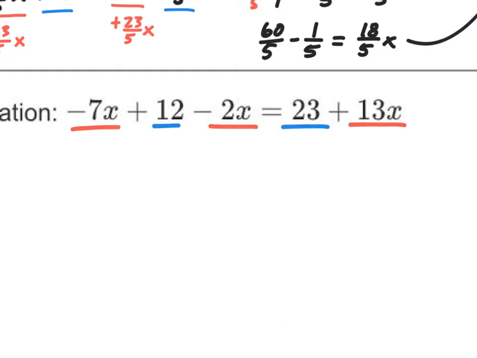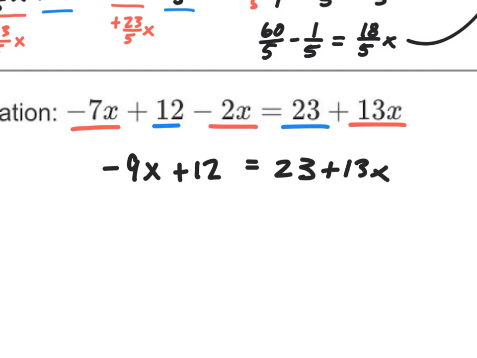Now what I'm going to do is combine negative 7x and negative 2x. Because they're on the same side of the equal sign, I don't have to move it to the other side. All right, so I'm just going to get negative 9x plus 12, and this is equal to 23 plus 13x, okay?